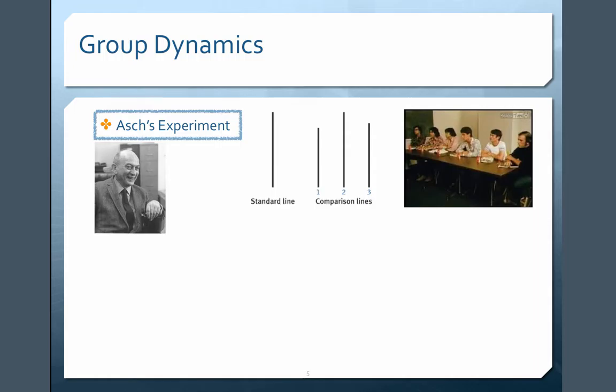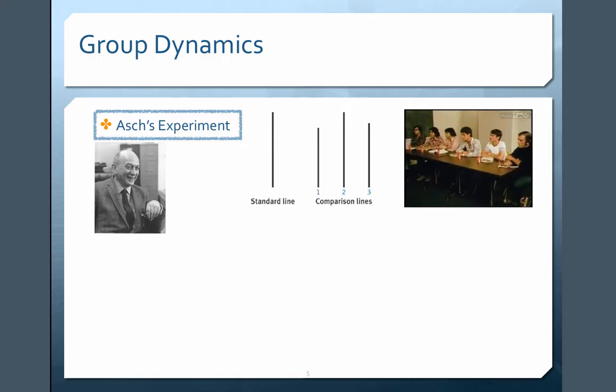And what he would do in his experiment was show these lines, as you see here, the comparison lines and the standard line. The point would be which of these three comparison lines matches the standard line. In the image on the right, you see 6 participants, although 5 of them are confederates. 5 of them are a part of the experiment. And so they would each select maybe 1 or 3 as the match to the standard line.